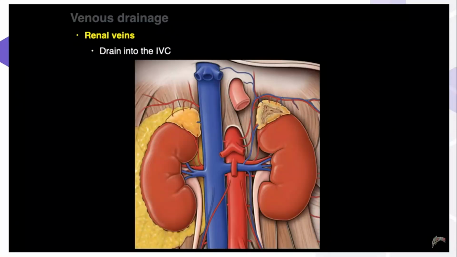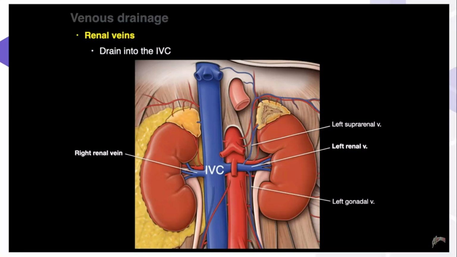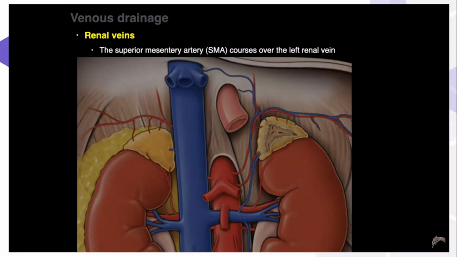The renal vein drains into the inferior vena cava. You can see the right renal vein and the left renal vein. The left renal vein receives the left suprarenal vein from the adrenal gland, and it further receives the gonadal vein.